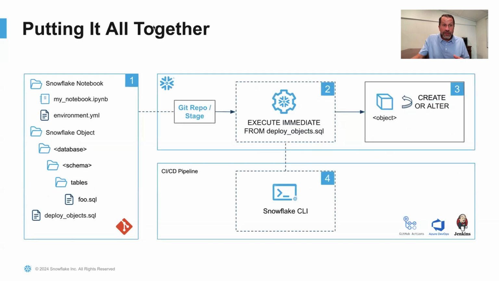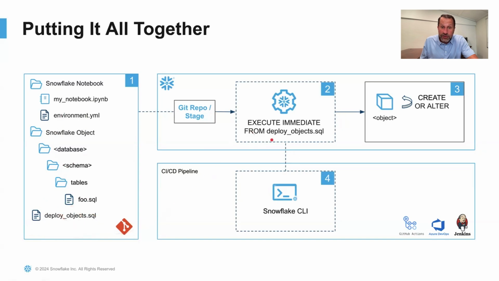So as we put this all together, the idea here, and you'll see this in the demo, is a pattern that's common that I've seen with a lot of customers. In your Git repo, you'd have your various objects, like your notebooks. We can have some deployment scripts as well.